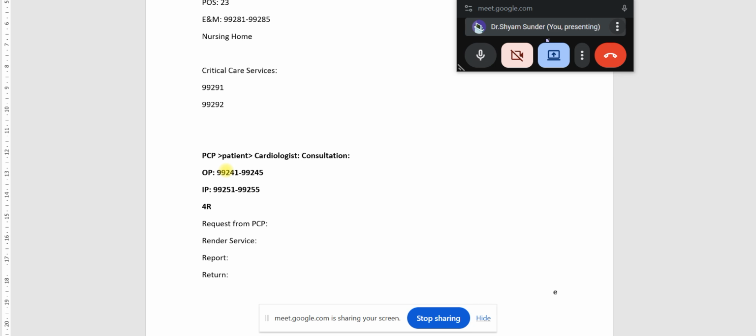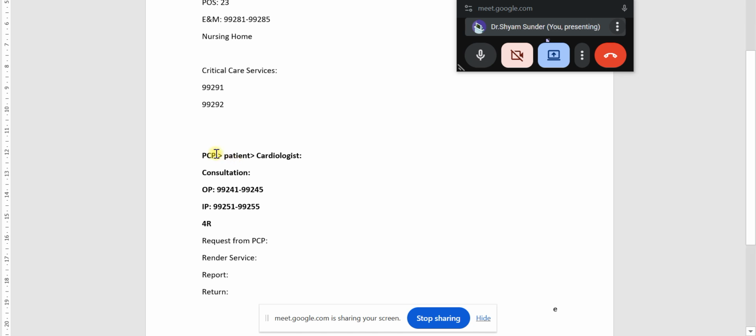If you see here the notation I have written, PCP is sending the patient to the cardiologist. You are able to see the screen? Yes, sir. PCP will bill 99202 or 203, whatever. He will not do the service for free.